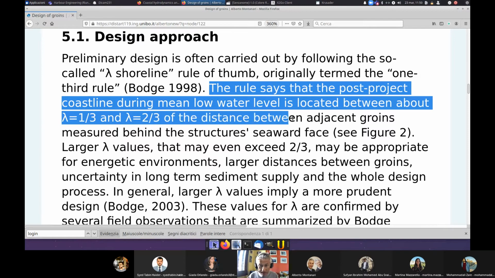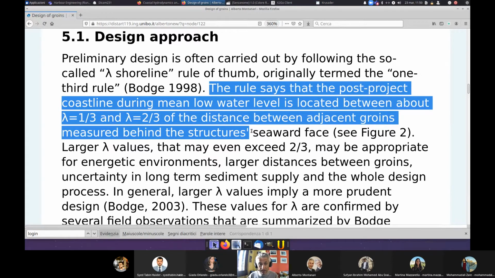Of the distance between adjacent groins measured behind the structure's seaward face.